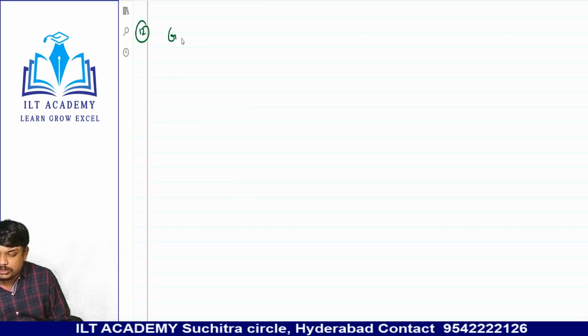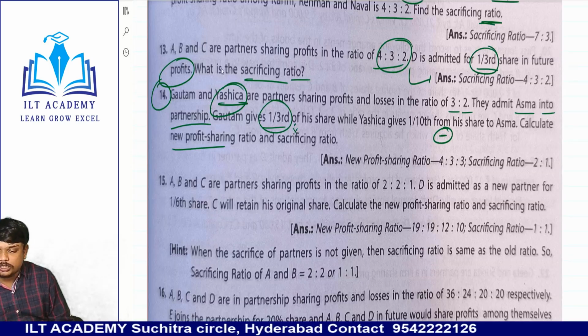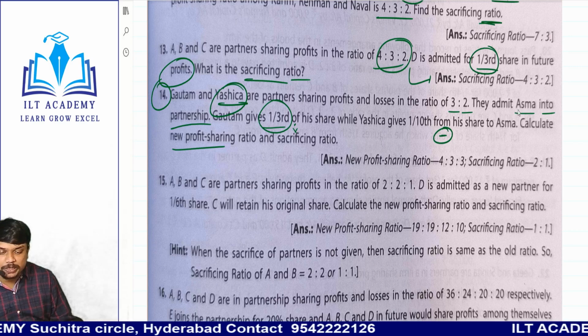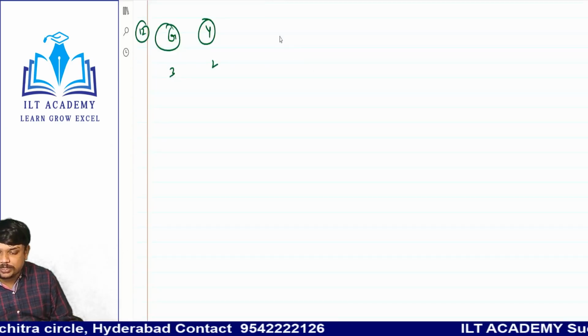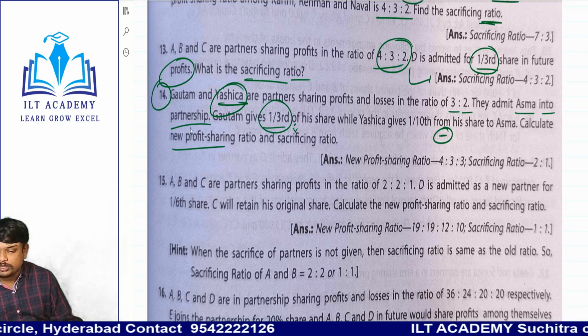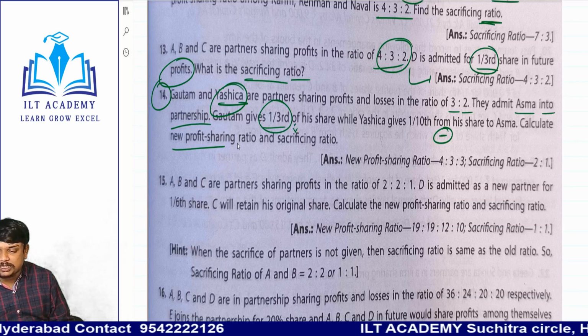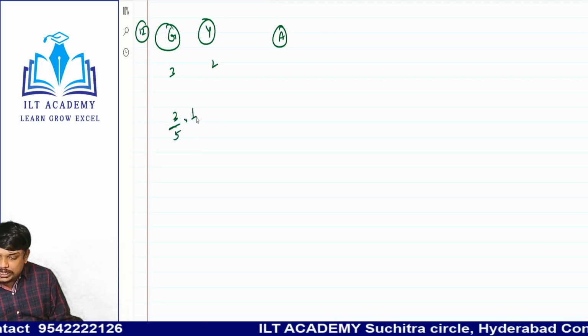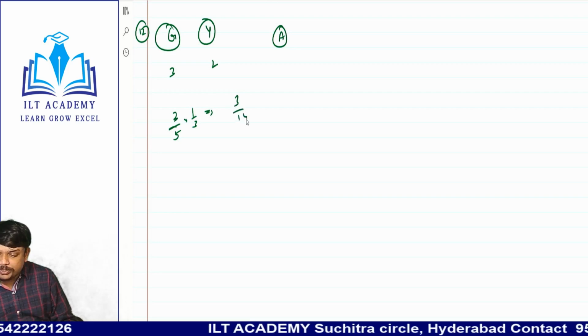Now Gautam's share is 3 parts and Yashika's share is 2 parts. Gautam gives 1/3 of his share, which is 3/5 into 1/3, which is 3/15.